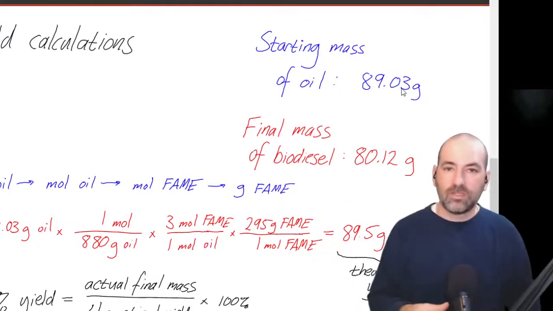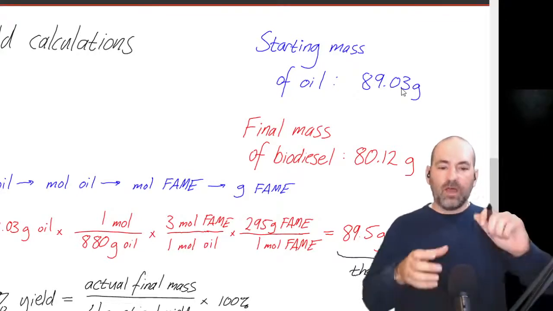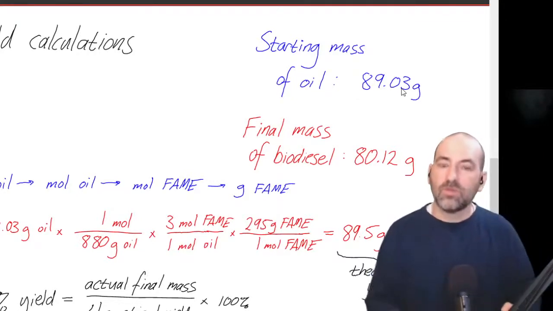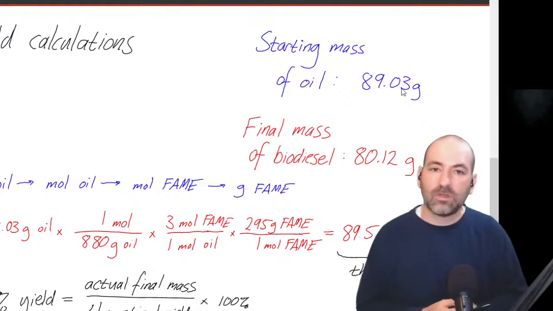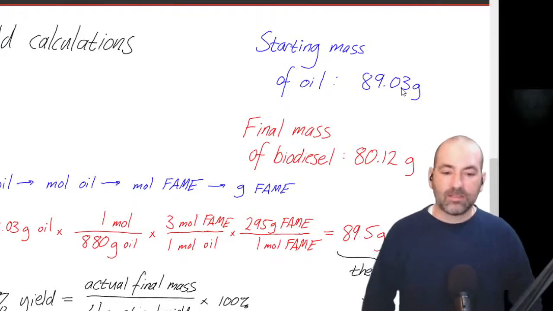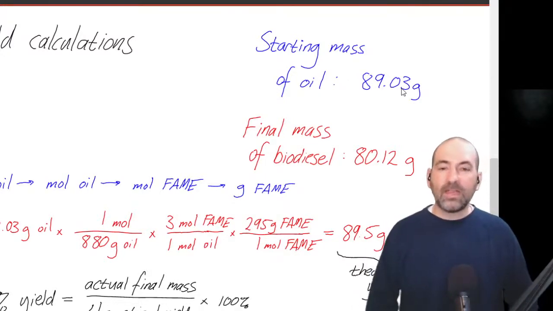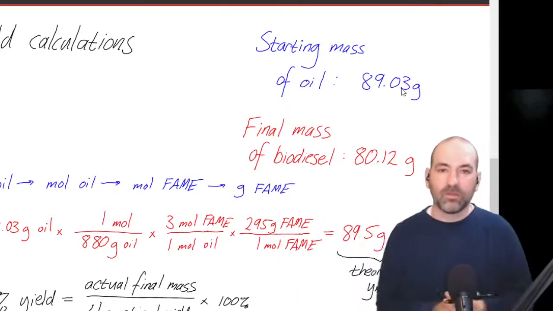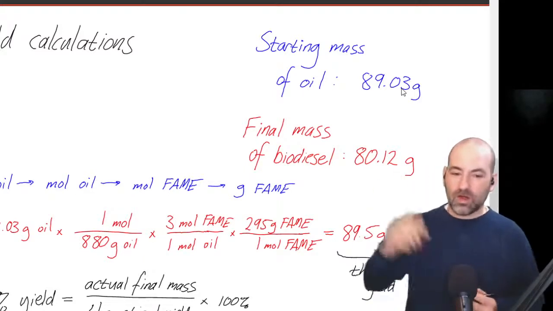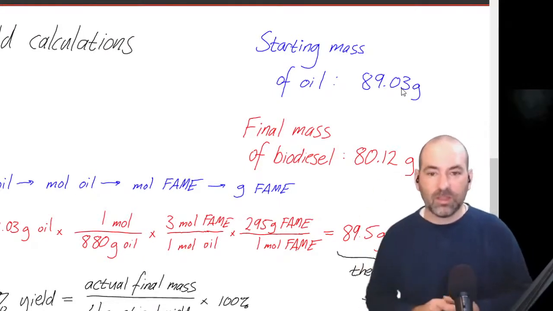You weighed an empty flask or beaker, you emptied the biodiesel into it, and then you reweighed it. So you have to subtract out the empty one again and get the actual final mass of biodiesel. Depending on your washing steps and a bunch of other factors, that mass could be all over the place. So it probably shouldn't be more than what you started with, but it could be quite a bit less.